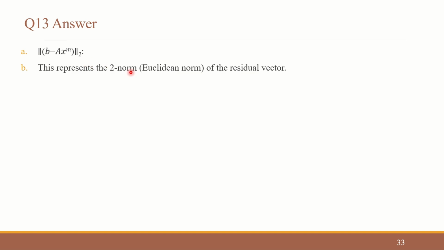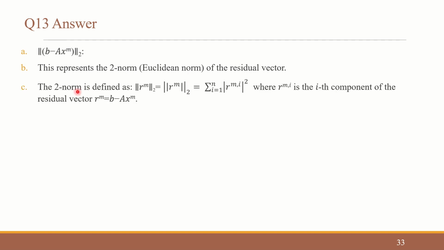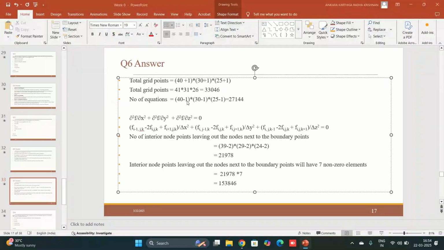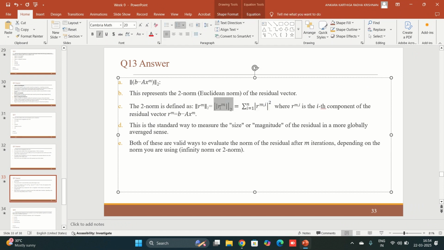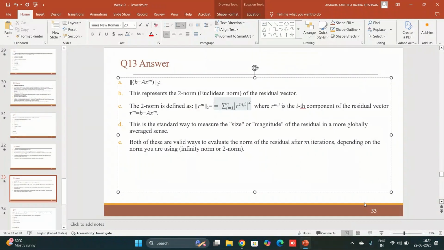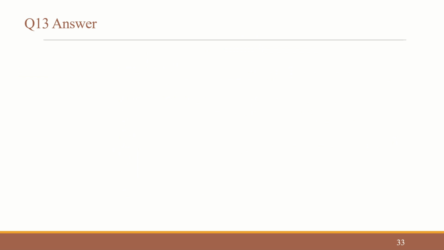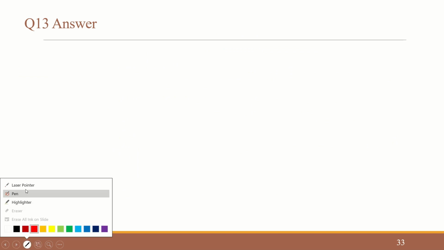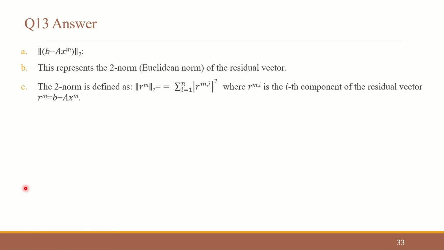So here this represents the 2 norm, or Euclidean norm, of the residual vector. The 2 norm is defined as the sum over the ith components of the residual vector.